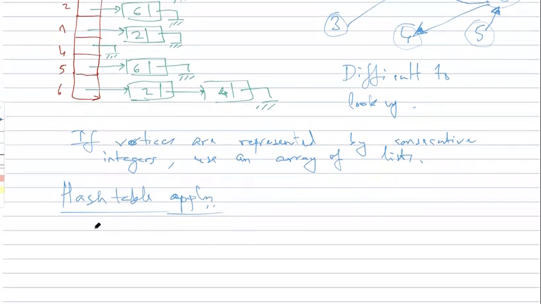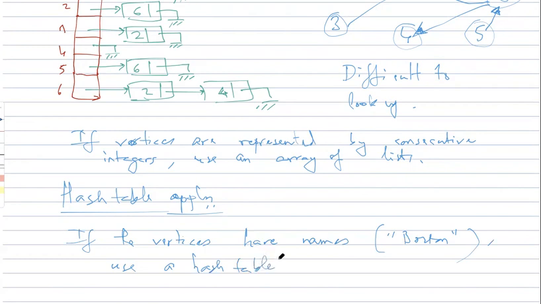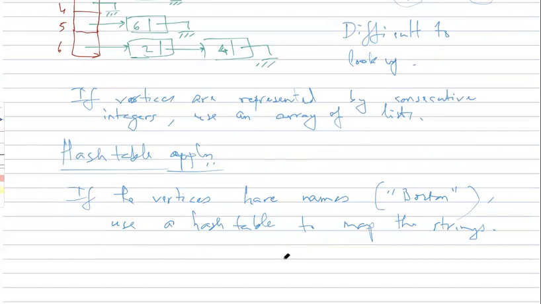So if the vertices have names, like if it's a city graph, names like Boston, suppose that it's just connections between different cities, then you can use a hash table to map the city names, the strings, or for that matter, any object that you can hash.